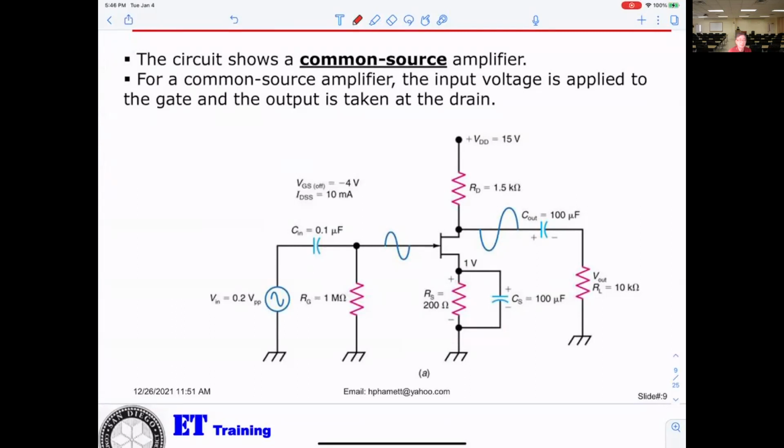And for the self-bias, what happens? They're supposed to give you the graph to solve the problem. However, they don't want you using a graph. So that's why you can see they've given you here that VS equals 1 volt.